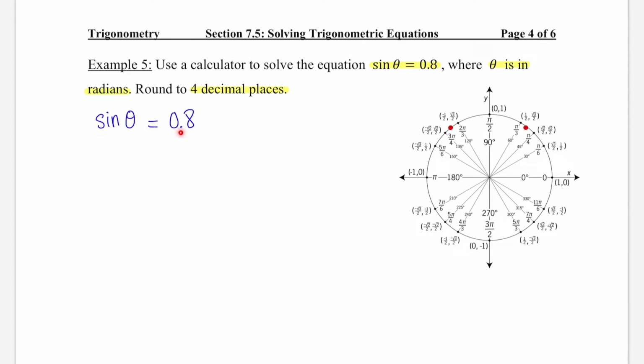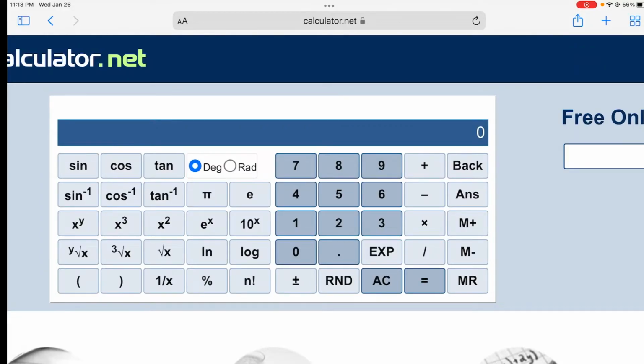So I have sine of theta equals 0.8. To find theta, I need to take sine inverse of 0.8. And from here, I need to use a calculator for this. You can use any kind of scientific calculator that comes with trig and trig inverse.